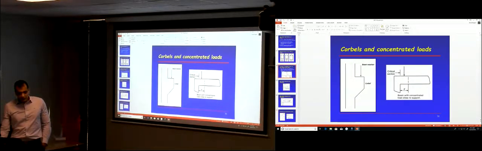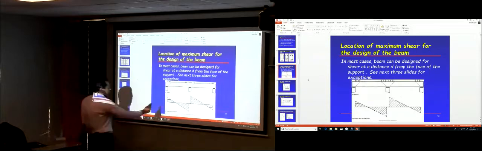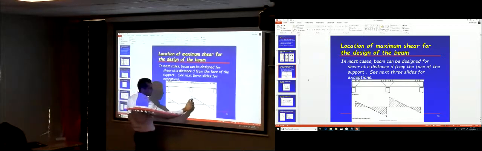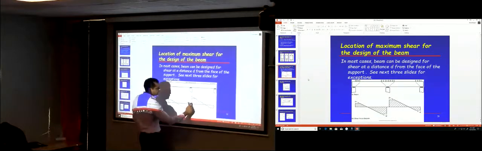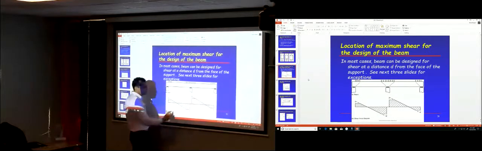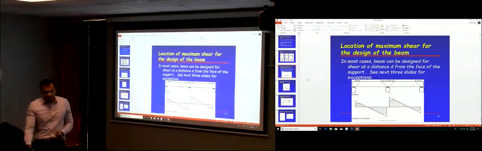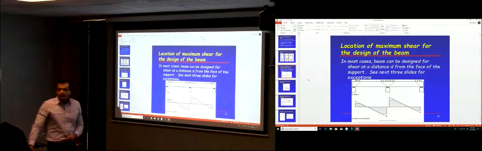So when you design for shear, you just go a distance d from the support, and you design your beam based on that magnitude of the shear, not at the support itself. You just decrease it by a little bit, okay? What if you don't decrease it? Yeah, just waste of money.